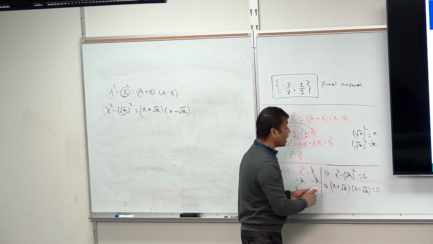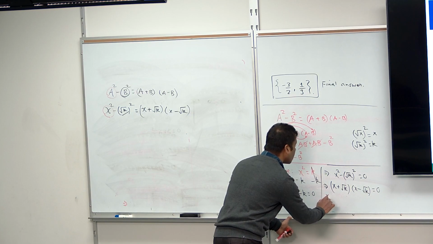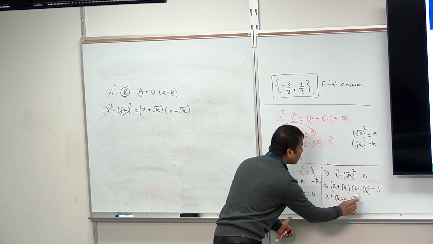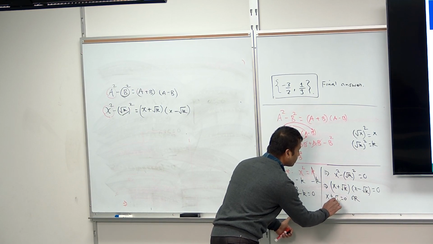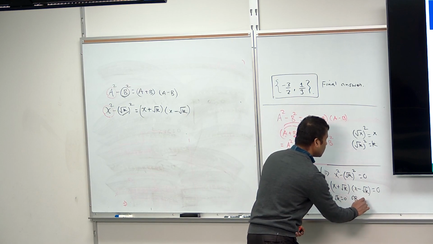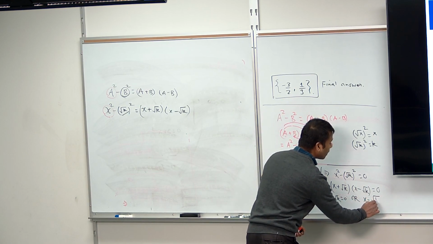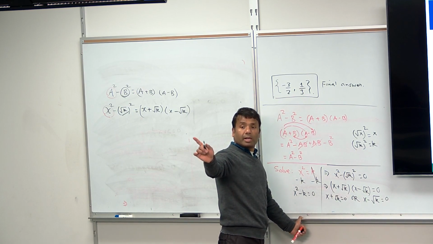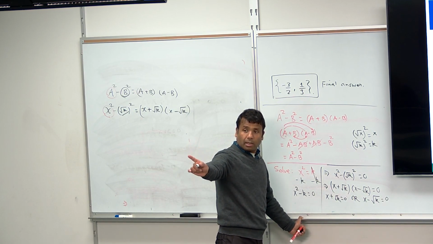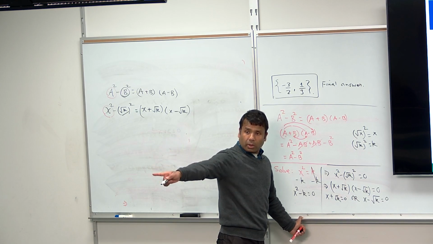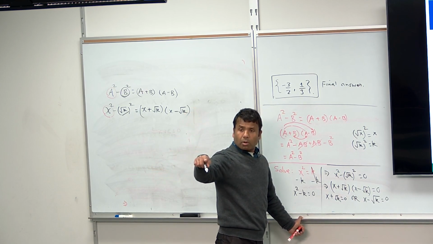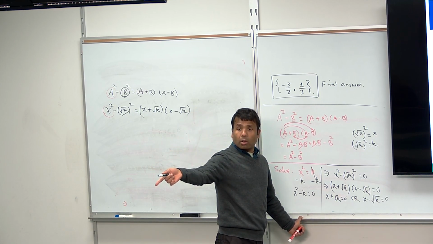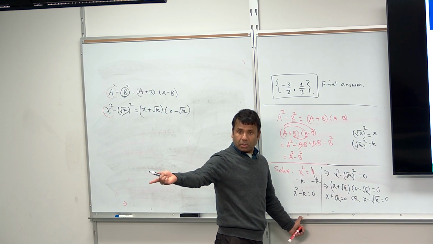Either x plus radical k equal to 0, or x minus radical k equal to 0, by using the zero factor property. Remember, if ab equal to 0, then a equal to 0, or b equal to 0, or both equal to 0. Is that right?